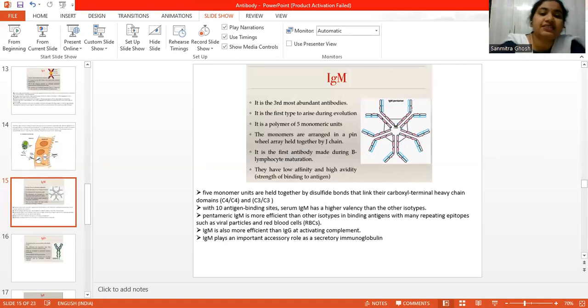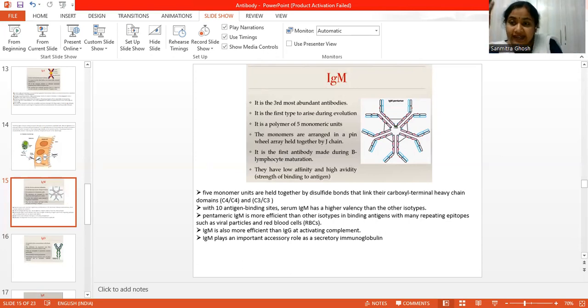So as I mentioned, this is the first antibody made during the B lymphocyte maturation, and they have low affinity and very high avidity. Now, what is meant by affinity and avidity? Affinity is the strength of the non-covalent interaction between the antigenic determinant, that is the epitope, and the hypervariable region of the antibody in the variable region that corresponds to the complementarity determining region.